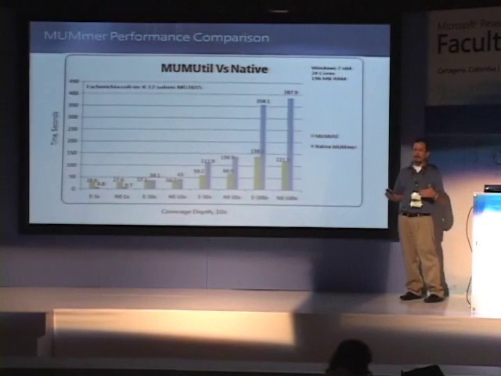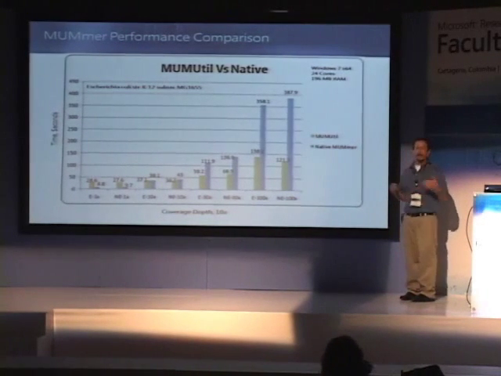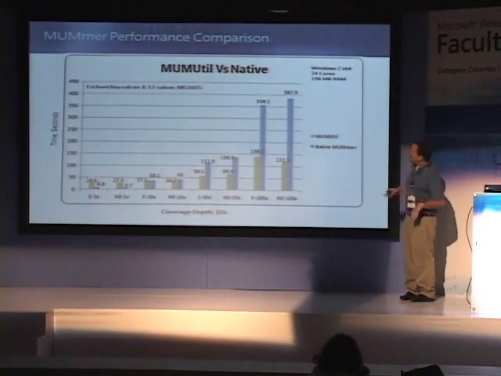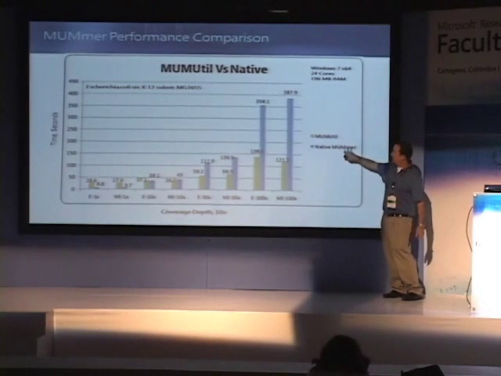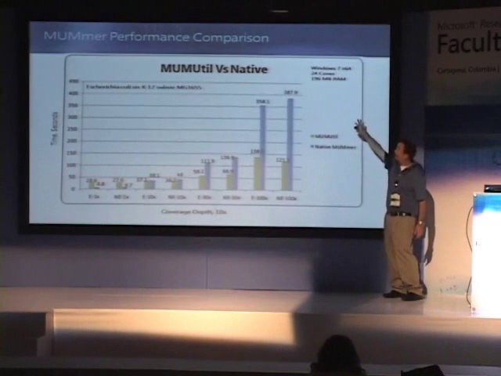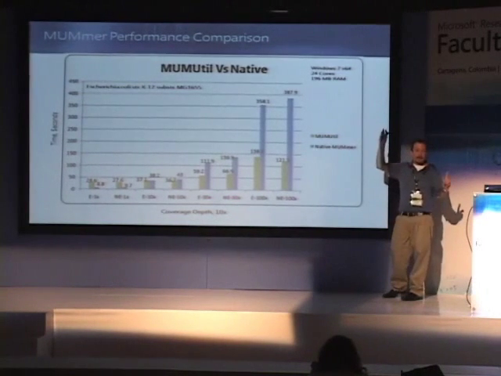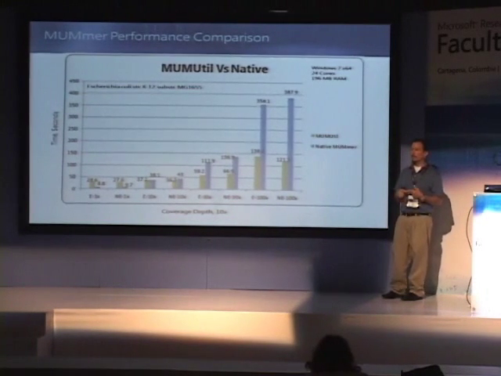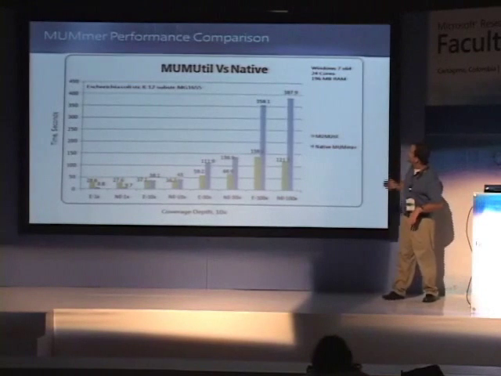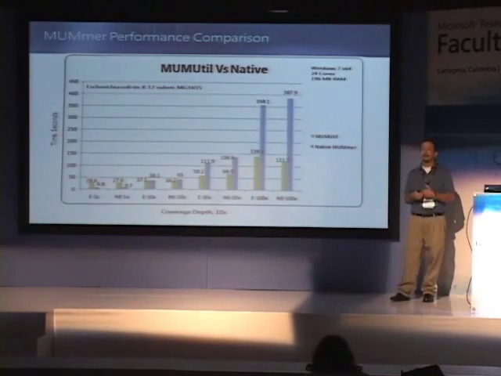I think this is an area that I get a lot of questions about. So we've got a native implementation of Mummer on Windows on the same machine, and we call this our super desktop. It's a 24-core Windows 7 machine, 64-bit with 196 megabytes. Sorry, that should be gigabytes. That's an error. 196 gigabytes of RAM.